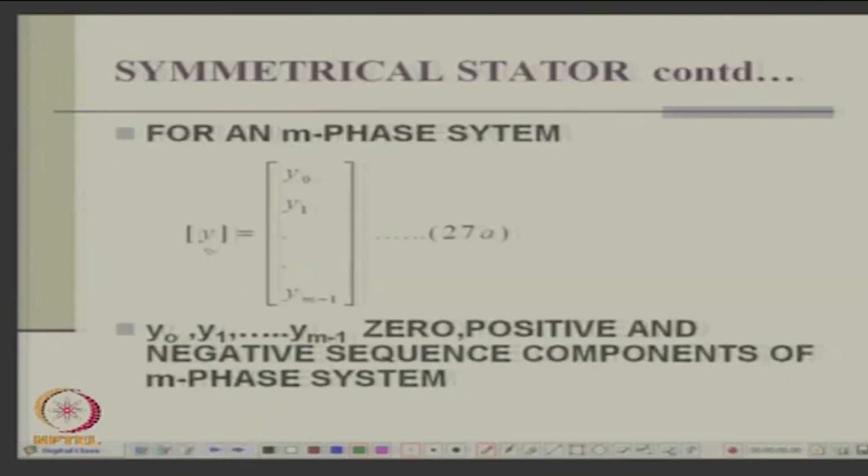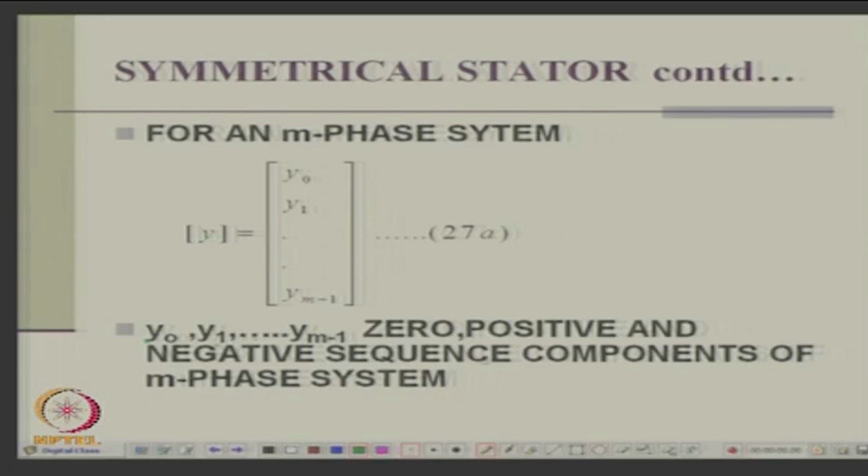If these are the m phase quantities, m phase symmetrical components, then what are the quantities? Zero sequence, first sequence and m minus 1 sequence. These are the zero, positive and negative sequence; m minus 1 is actually the negative sequence, y 2 is not the negative sequence, it was some other sequence.